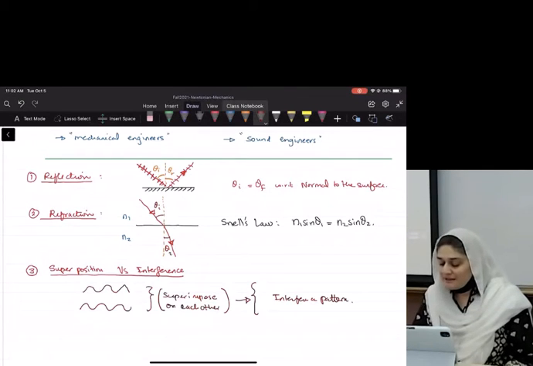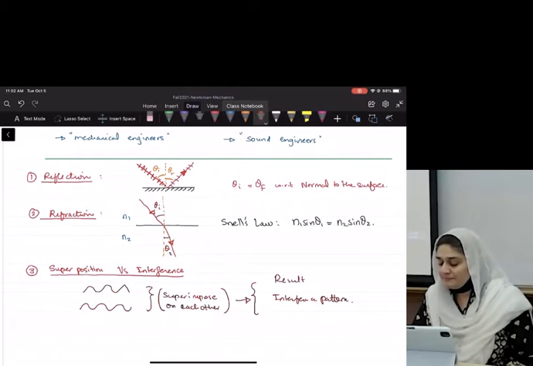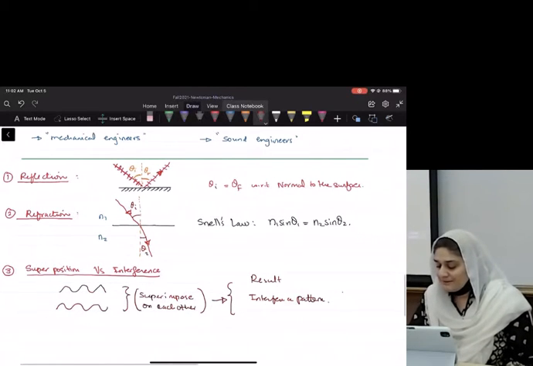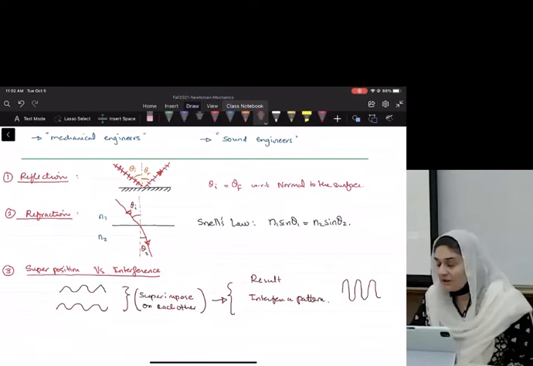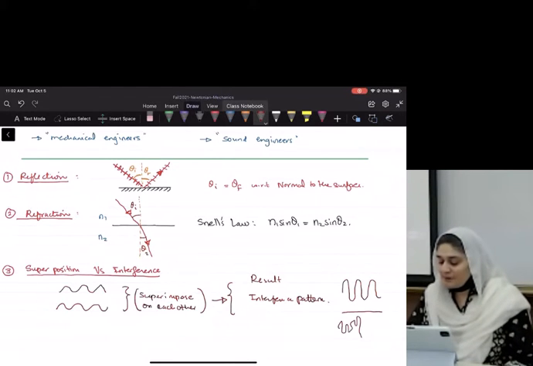So the result that we will get will either be doubling the size of the incoming wave, or you'll get nothing out, or you will get partially double, partial, and some places zero.